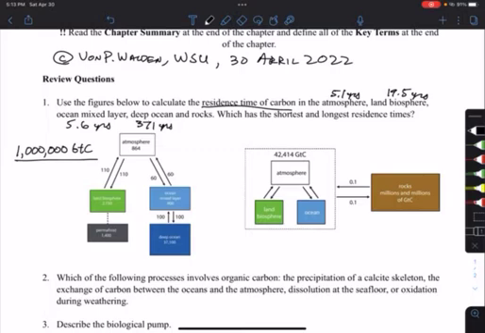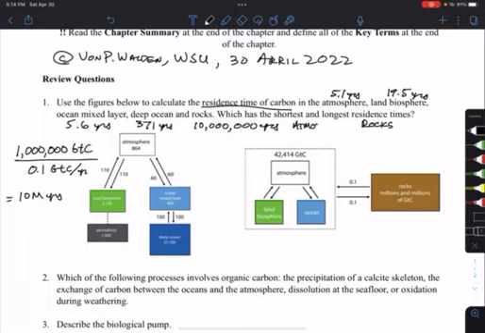Since the flux is so low, then this is 10 million years. And so the longest residence time is obviously rocks, and the shortest is obviously the atmosphere, although the ocean mixed layer is really pretty close too. But according to our calculations, those are the shortest and the longest.